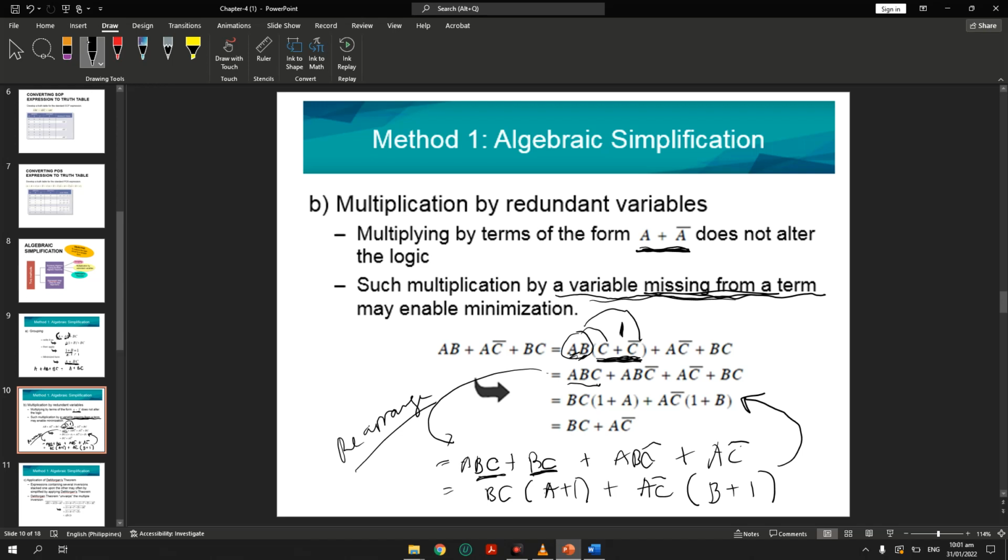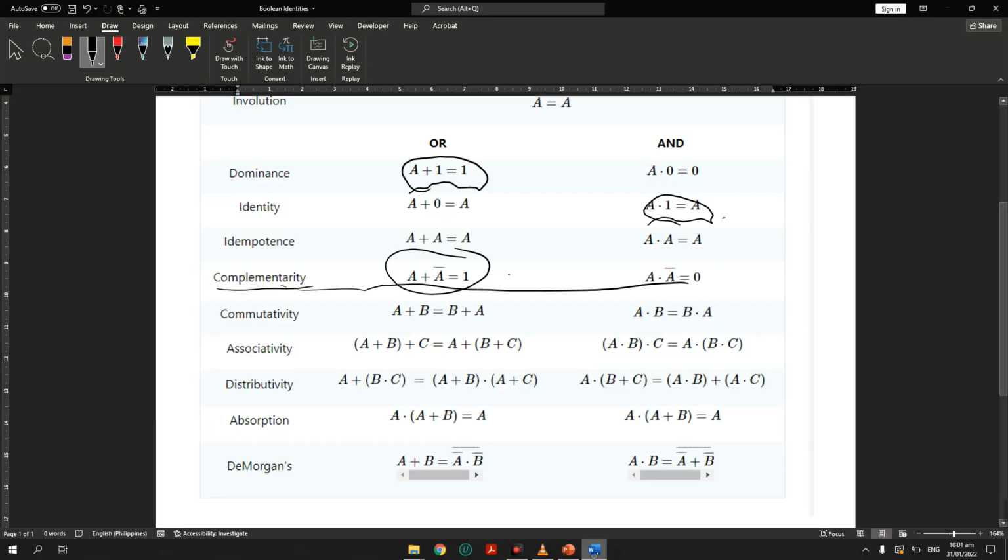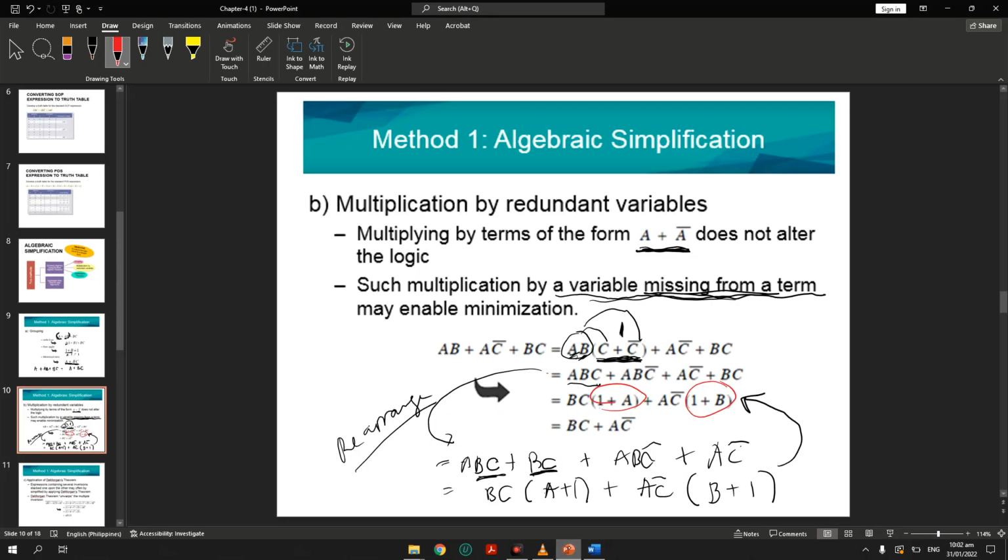And again, according to our theorem, A plus 1 and B plus 1, or any variable added to 1, is equal to 1, here the dominance principle. So this becomes 1. The value of this one is also 1.